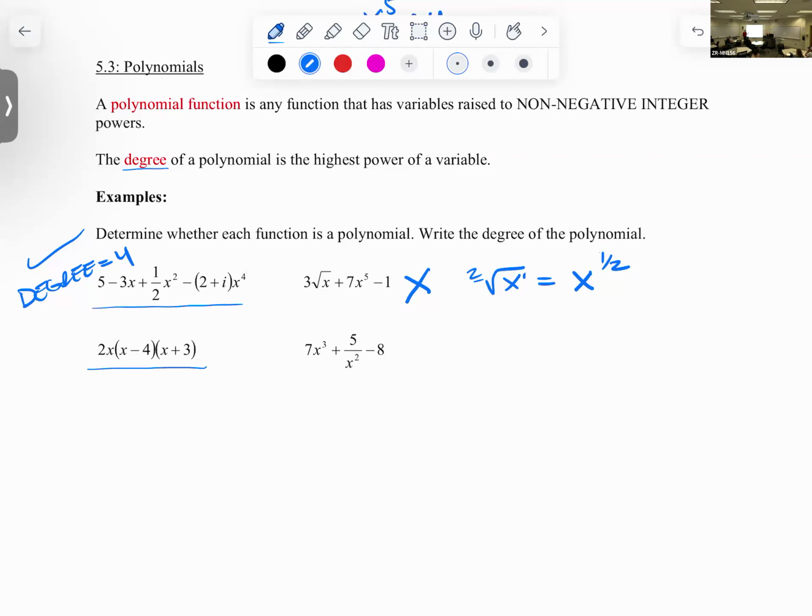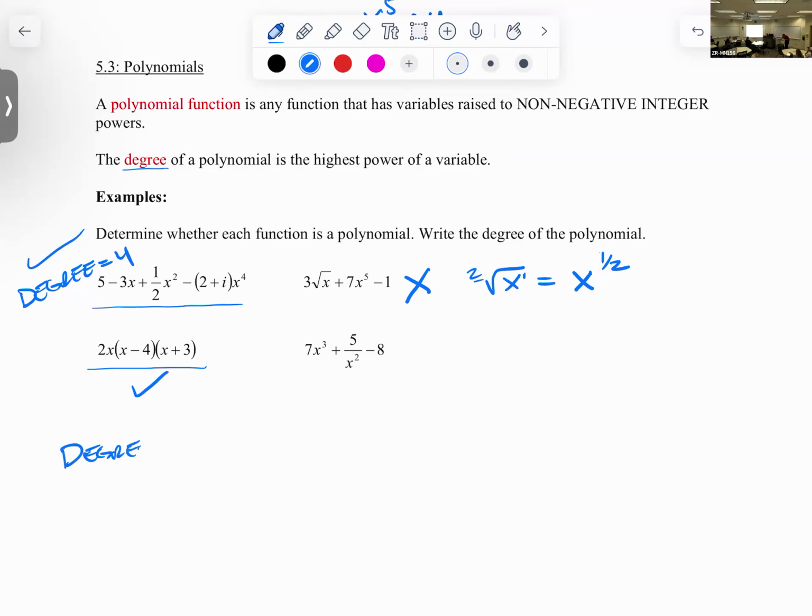Adding them. That's not going to change the sign. So are these all non-negative integer powers of x? Yes. So this is a polynomial. And then the degree would just be 1.